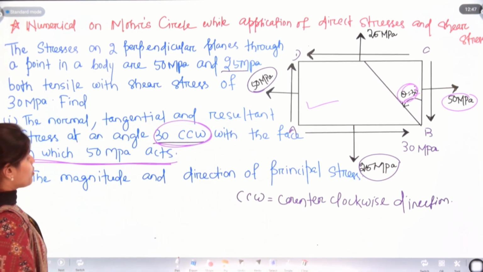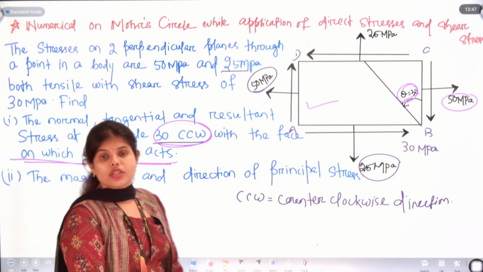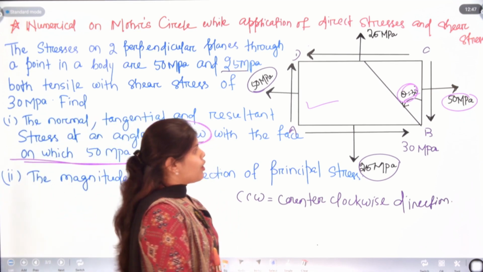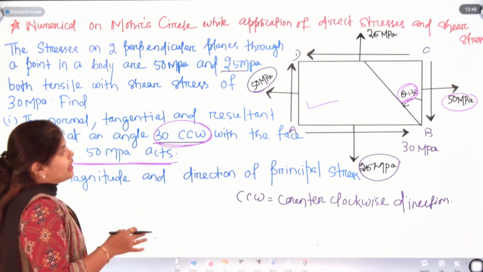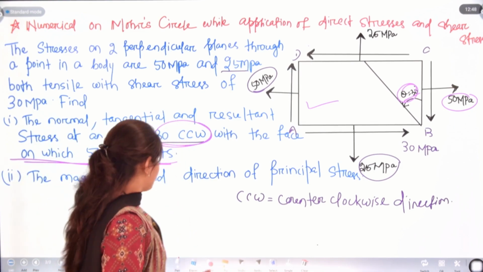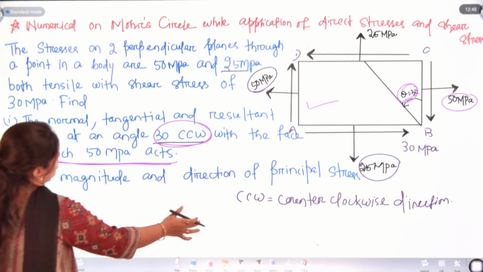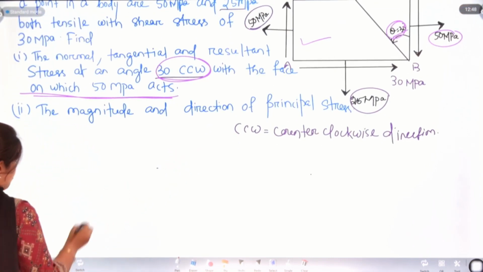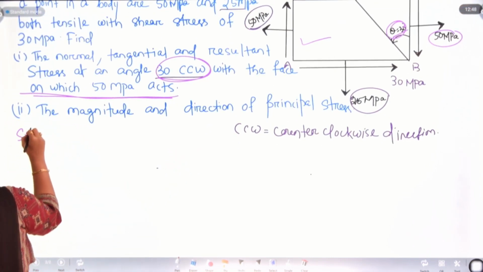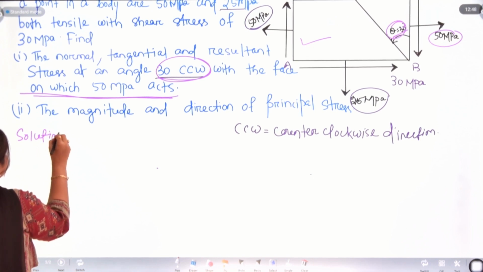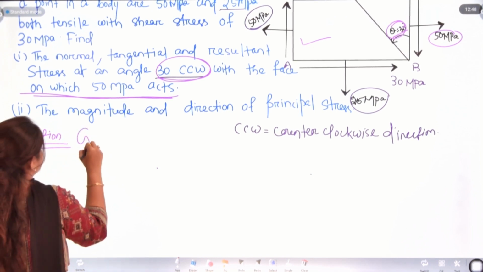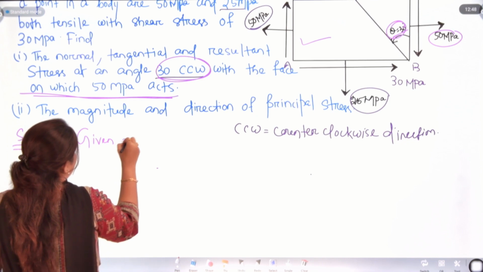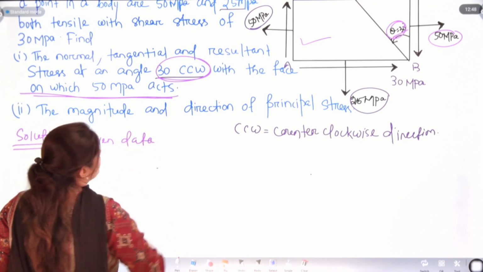Next question is to find out the magnitude and direction of principal stress. How to find out, we will discuss later. Now, our work is to know what the given data are. So, first start the solution and given data.